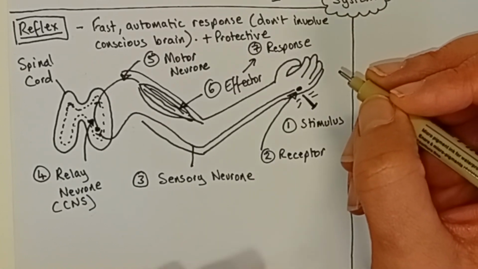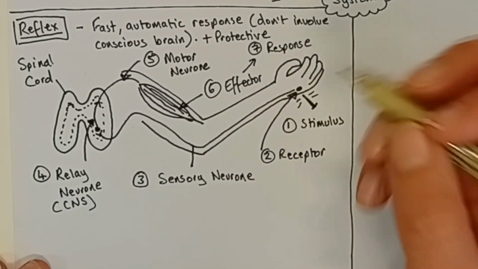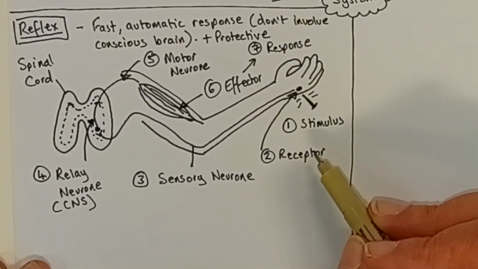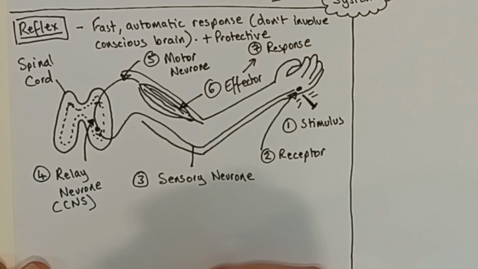So it's important that you know the 7 steps of a reflex arc. It's quite often fill in the gaps, or it has been a longer answer question.